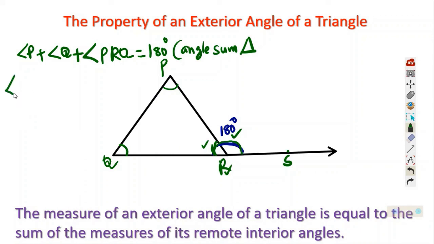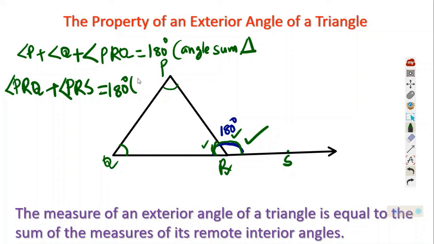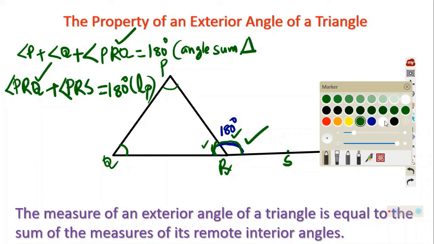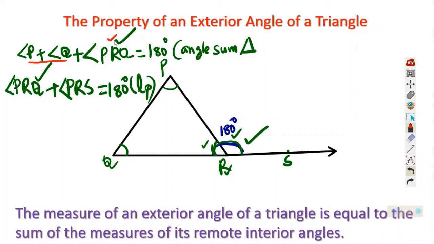That means if I write the measure of PRQ plus the measure of PRS, the exterior angle, this one, that also will make 180 degrees because it is a linear pair. इसका मतलब क्या हो गया, इसमें भी PRQ है, इसमें भी PRQ है. So PRQ is having an important role here. If P plus Q is added to PRQ, it becomes 180. If PRS is added to PRQ, then also it becomes 180.